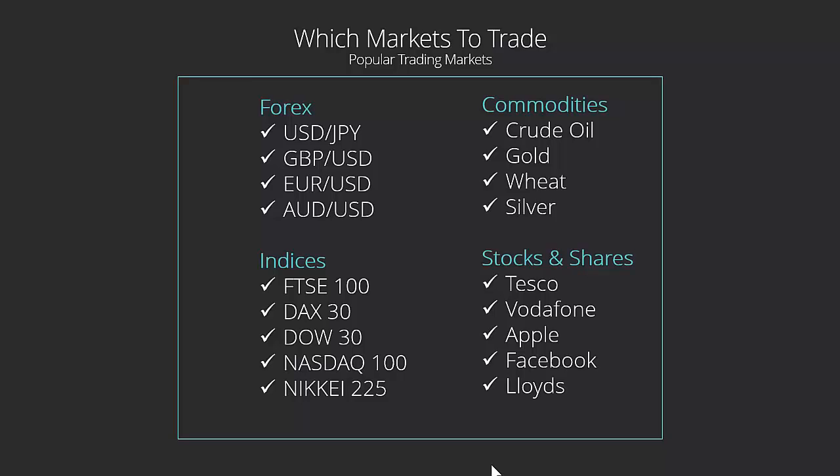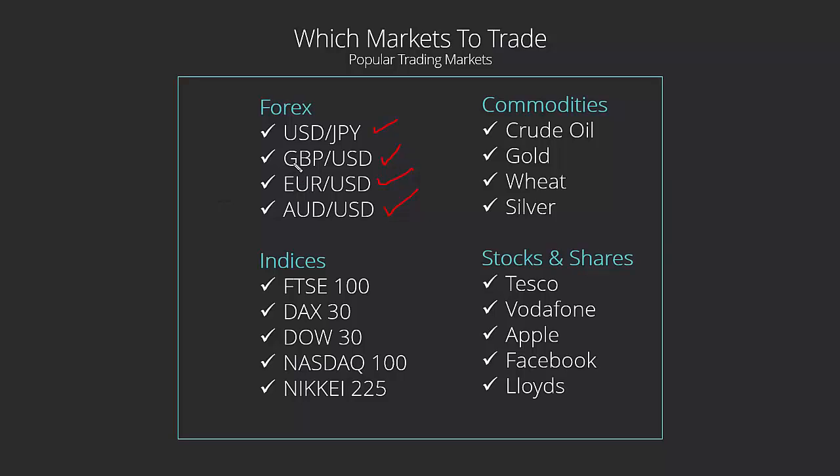But the major pairs, the most popular pairs to trade with spread bets and with the traders that I know, are the US dollar yen, the pound US dollar, the euro US dollar, and the Australian US dollar. Now, there are obviously other ones as well, like the pound yen, euro yen, all that kind of stuff. But if you think about the main countries and their currencies against each other, those are the most popular to trade.